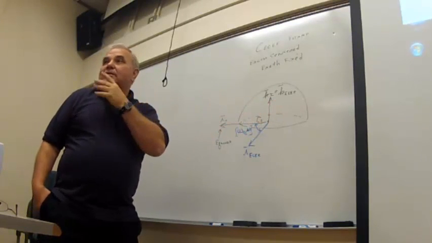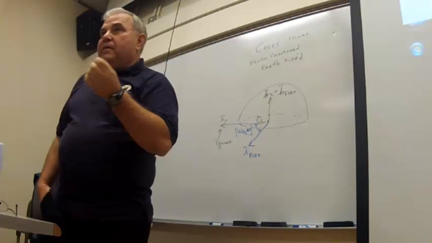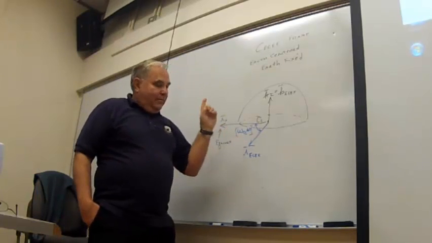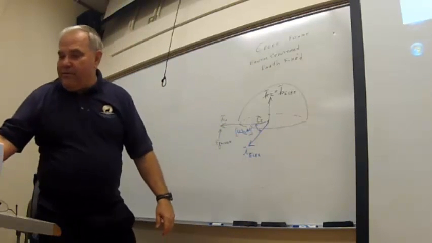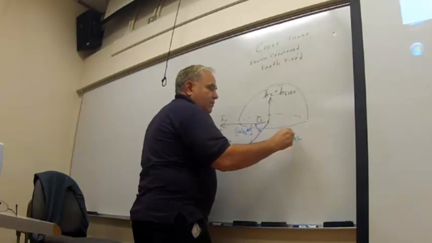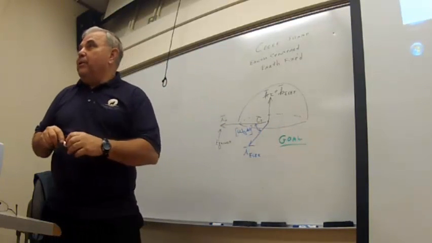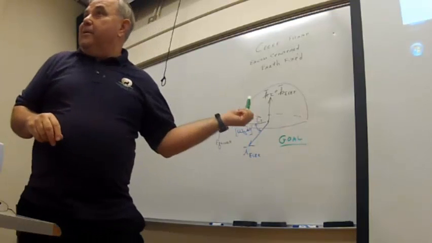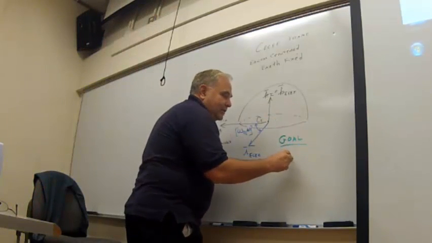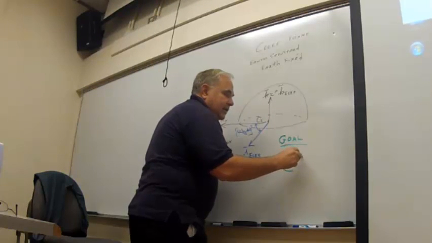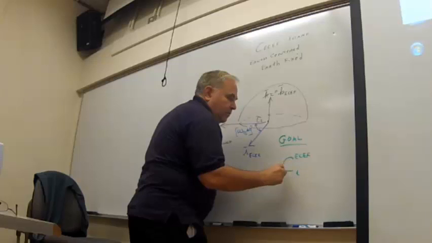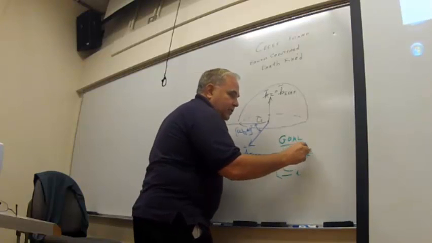All right, so tomorrow what we're going to do is define some more frames. And here's the hard part we have to do this week: to figure out how to derive, this is our goal. Remember I told you you want to be in class? This is going to be an exam. I'm telling you right here. You're going to have to know how to derive C ECEF from inertial. That's a direction cosine matrix.